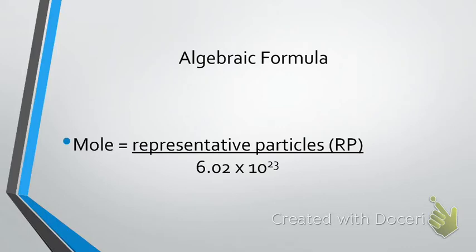So I want you to be ready for that. This is your formula for figuring out the relationship of moles and representative particles with algebra. Moles equals representative particles, which we're going to abbreviate as RP, divided by 6.02 times 10 to the 23rd.